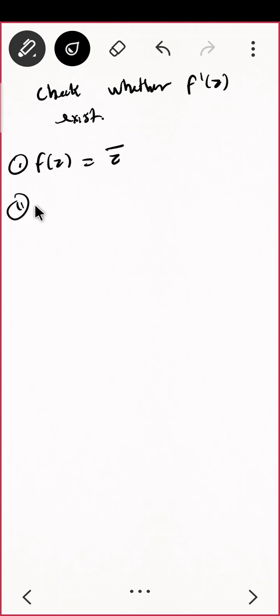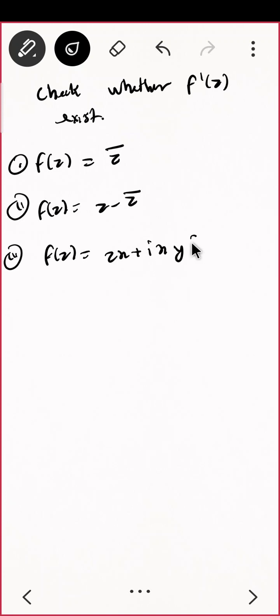The second one, let us say f of z is equal to z minus z bar. The third one is f of z is equal to 2x plus i x y square. And if you want, we can take one more: f of z equal to e raised to x into e raised to minus iy.